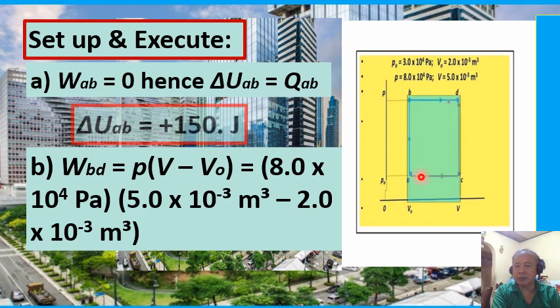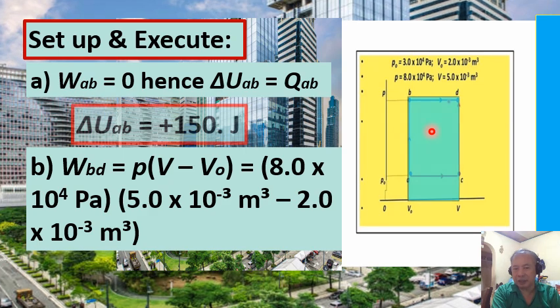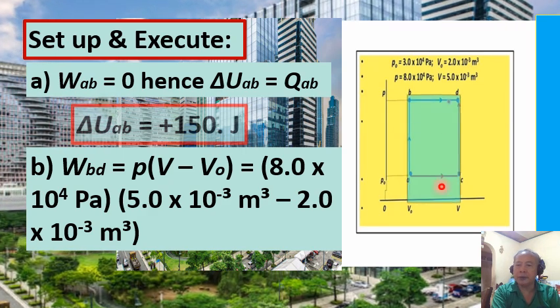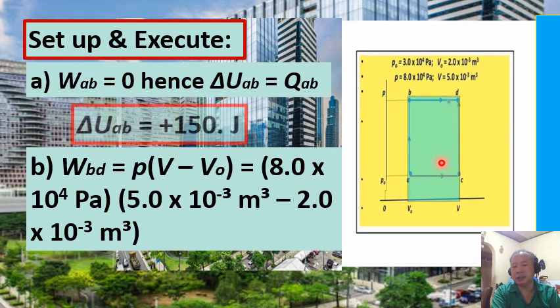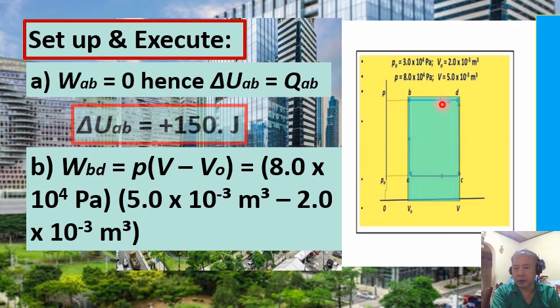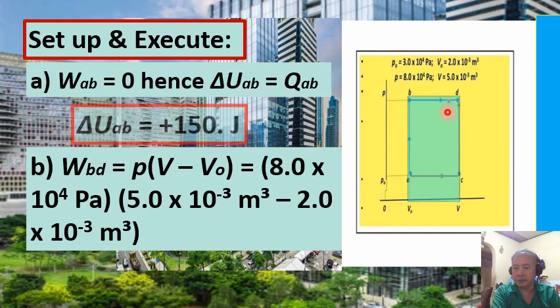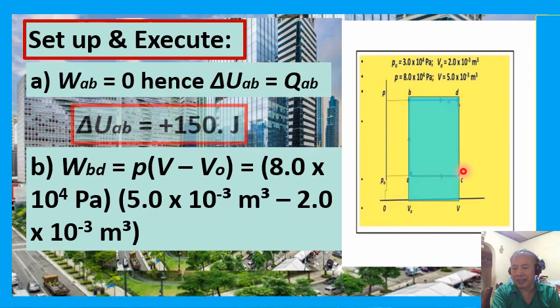In this PV graph, we represent the amount of work done along the path BD by the area shaded green in this figure. The area is bounded by the line BD and the volume axis.